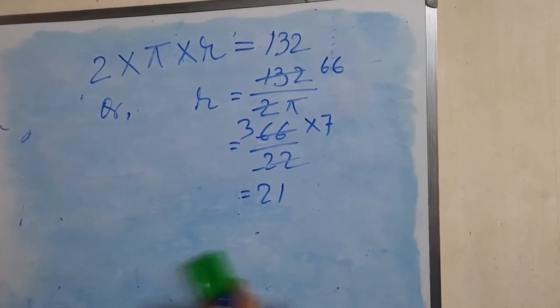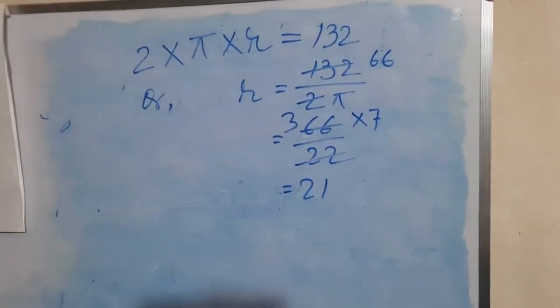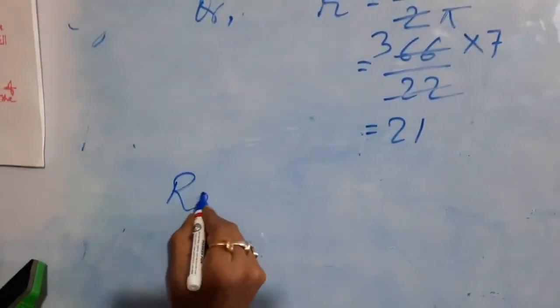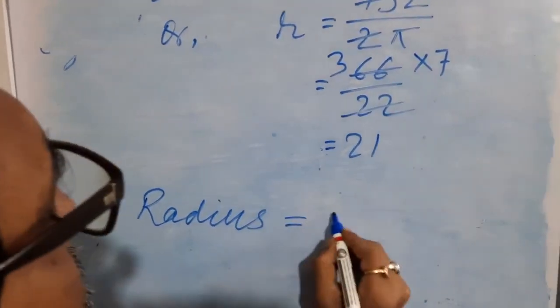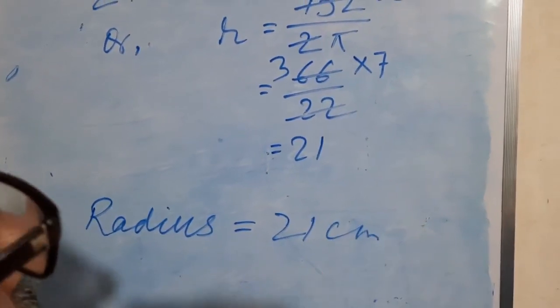Therefore, radius of the circle is equal to 21 centimeters.